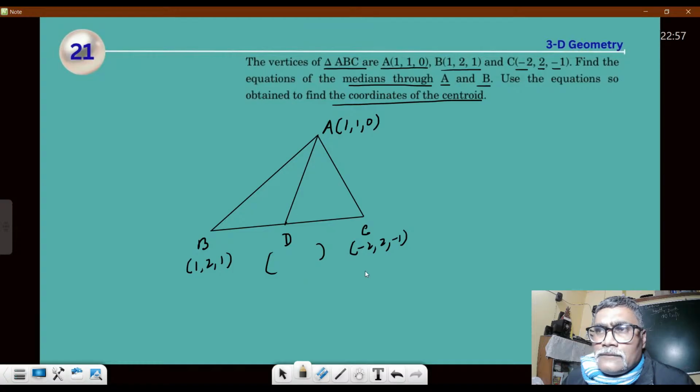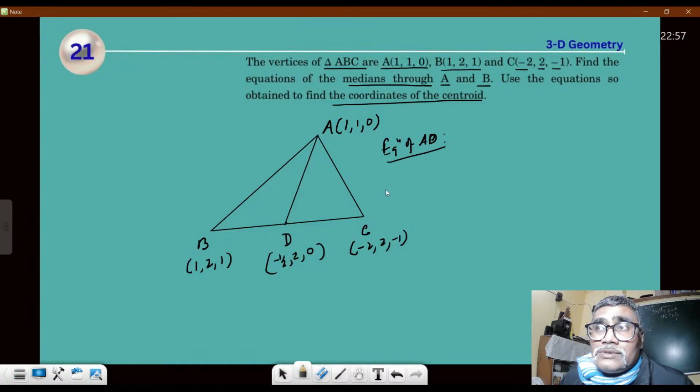How can you find it? It is (-1/2, 2, 0). Now, once you get the middle point D, can you find the equation of AD? Yes, easily the equation of AD can be found.